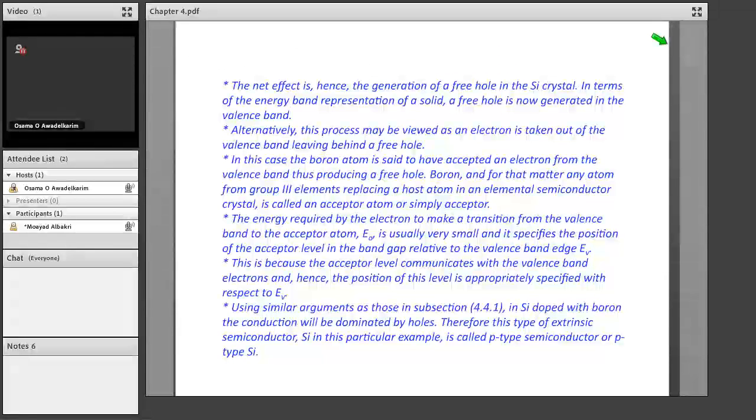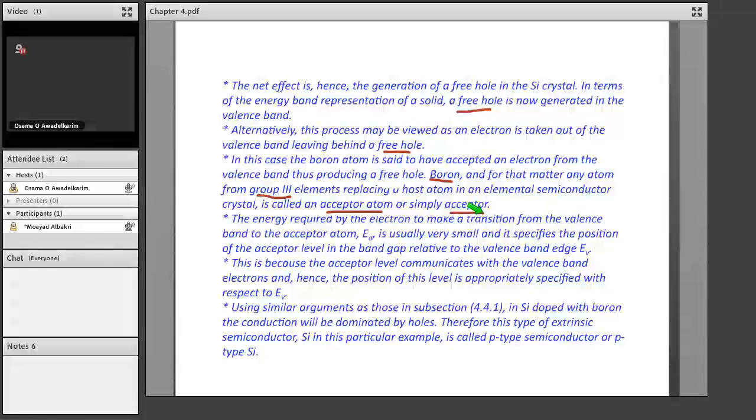Boron is called an acceptor. And what we produce is a free hole generated in the valence band. This process is viewed as an electron taken out of the valence band, leaving behind a free hole. The boron atom is an atom from group 3 in an elemental semiconductor, and this boron atom is called an acceptor atom, or simply acceptor, because it accepts an electron.